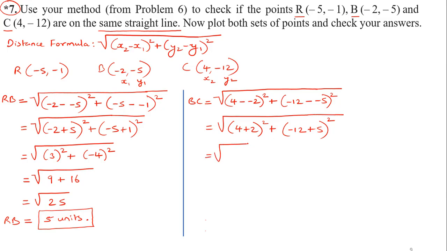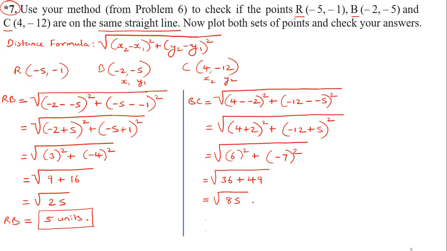Is equal to 4 plus 2 is 6 squared, plus minus 12 plus 5 is minus 7 squared. So 6 6s are 36 and 7 7s are 49, and minus minus is plus. 36 plus 49 is 85.